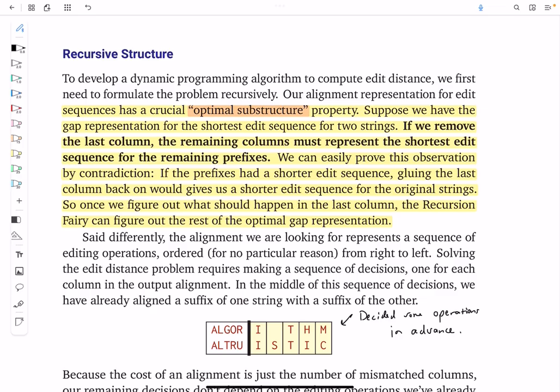Then the optimal thing for us to do in the future doesn't depend on these past decisions. So if we remove the last column, or all the previous ones, then of the remaining columns, the shortest edit distance will be the shortest for that subsequence. So it suffices to solve optimally the subproblems to solve optimally the whole problem.